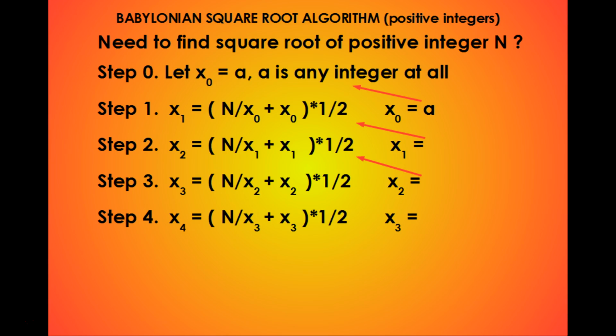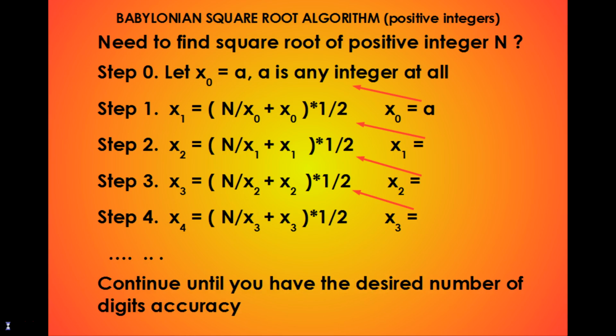It's exactly the same as step 3, except you're using x3 as a substitute for x2 and computing a new value. And of course, x3 is the value that you got in the last step. And you continue until you've got the desired number of digits accuracy.